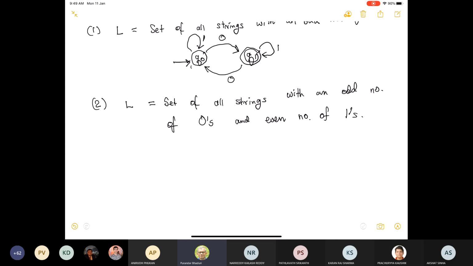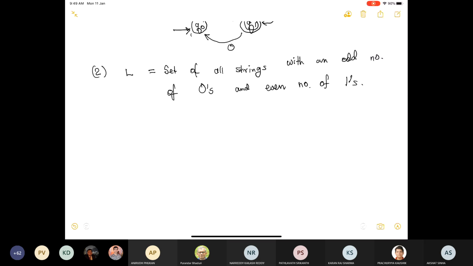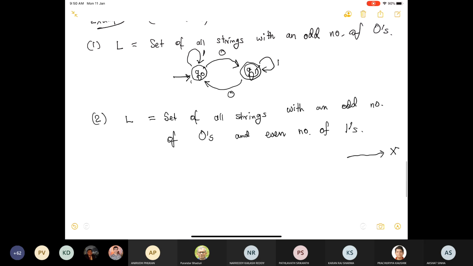So in the X dimension, we will keep track of the parity of zeros, whether it is odd or even, and in the y dimension, we'll keep track of the parity of ones, right?